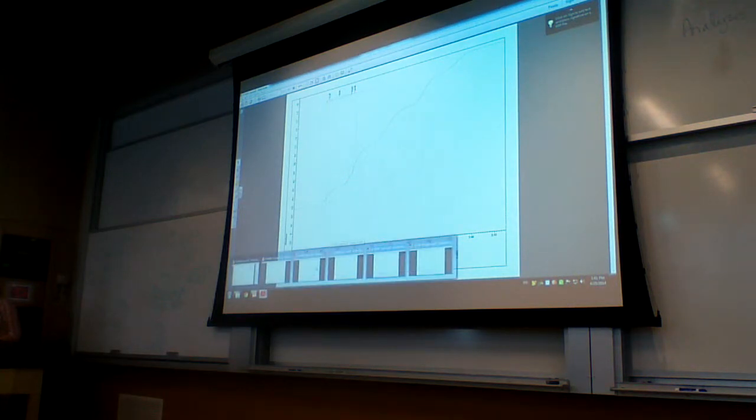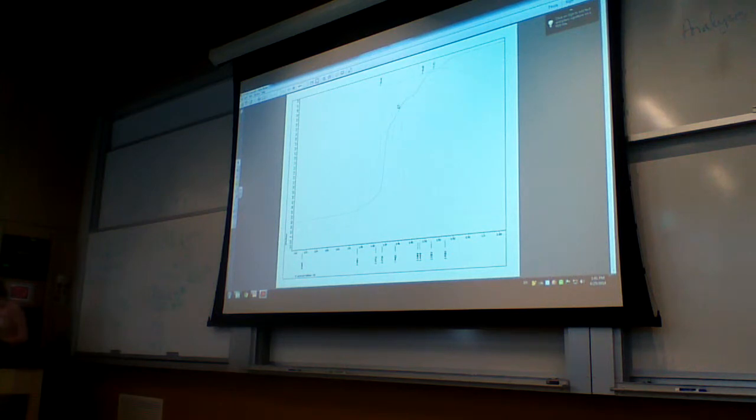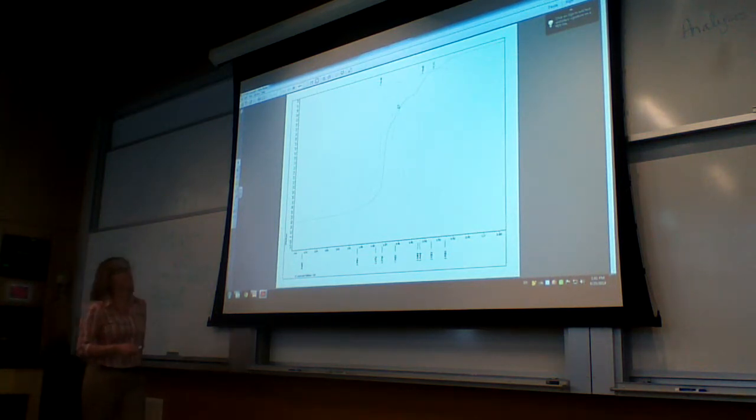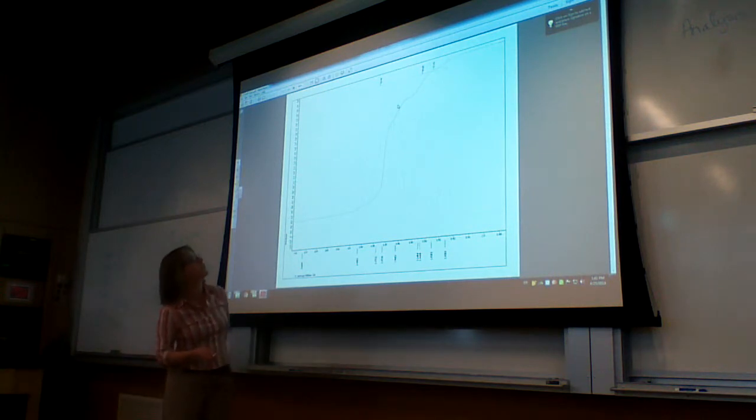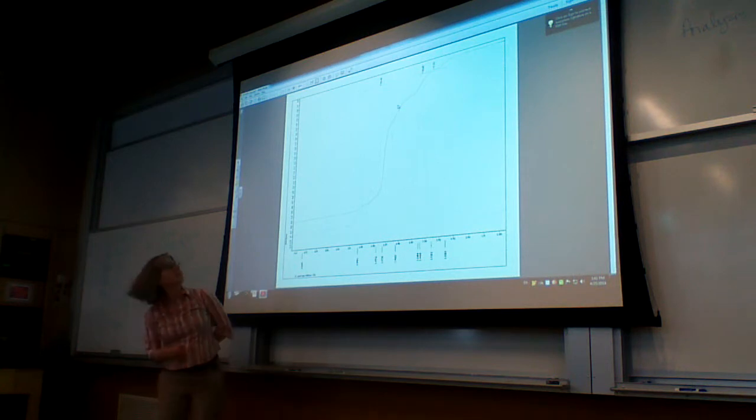This one's hard because this is a messy peak and it's overlapping, so it's hard to find that 6.87 in here. I think at one point I did find it, or I found a multiple of it.